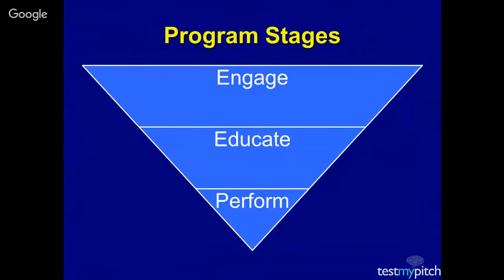So when we look at this in terms of stages, what we're really going to look at is the engagement stage. We're going to deal with a much bigger population. And then as we go to educate, we're going to have filtered out some folks. And as we get down to perform, an even smaller community. And so engagement is really about getting the maximum number of people to the next level.